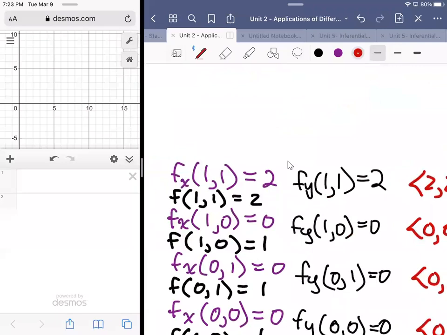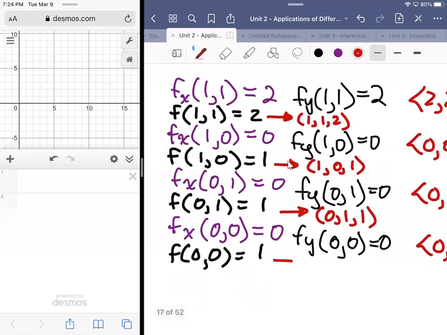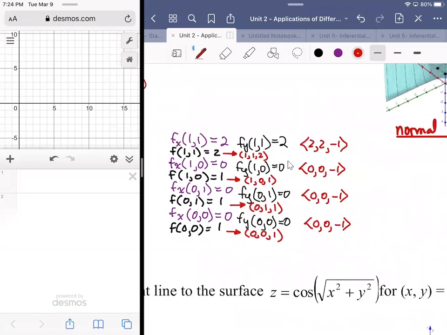This is the same as saying it's the ordered triple of 1, 1, 2, 1, 0, 1, 0, 0, 1, 1, and then 0, 0, 1. All right, so this is the normal vector. We're writing the equation of a line, so this is the parallel vector.